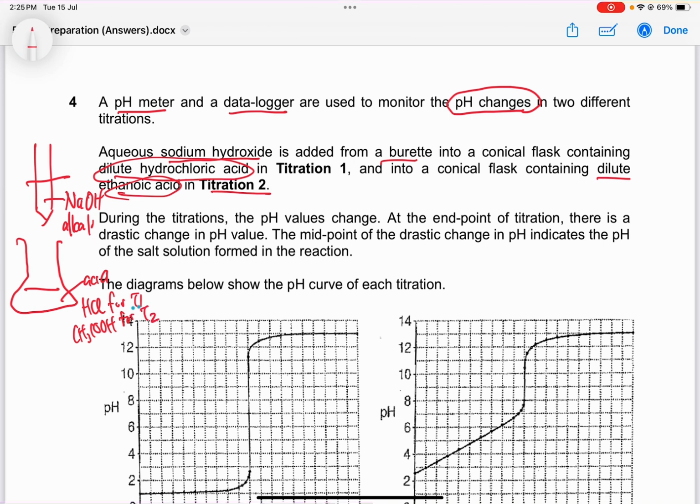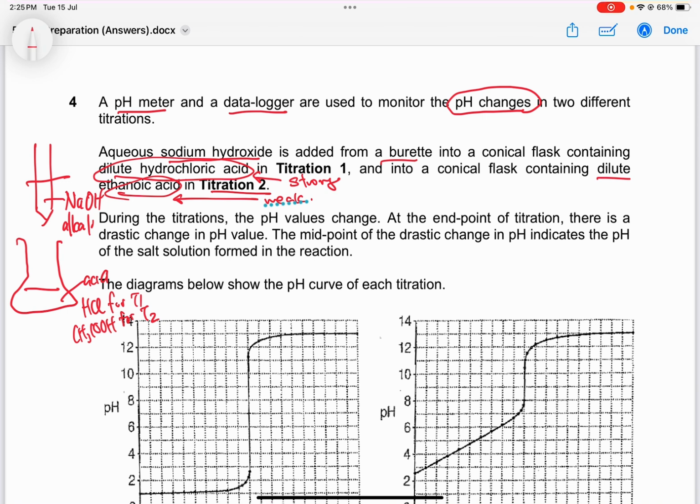Now the question is, what's the difference between these 2 acids? Normally when the question is set, they do 2 different experiments. If both are acids, that means there must be some difference in the acid, right? So in this case, when you see HCl and ethanoic acid coming out, generally it is a strong versus weak acid concept that they may be trying to test you. Hydrochloric acid is a strong acid, ethanoic acid is a weak acid.